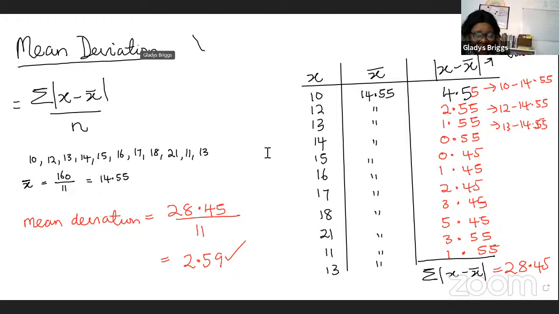Abdullah, is that the correct answer for you? Okay, right. So that's how you do it for this type of data.